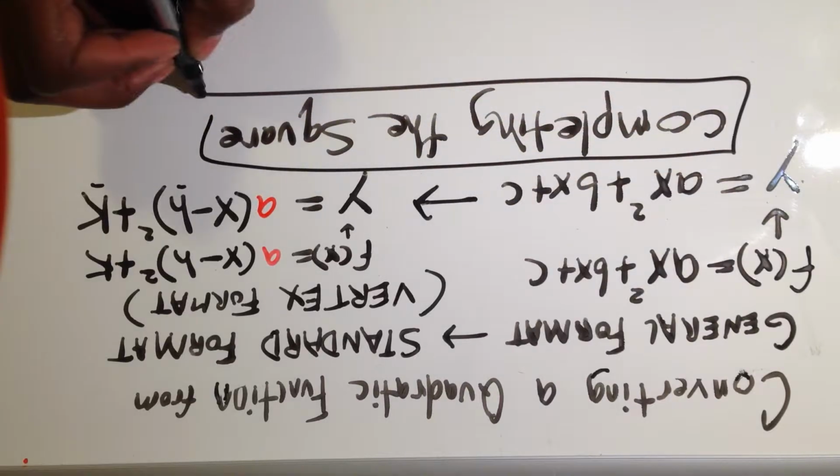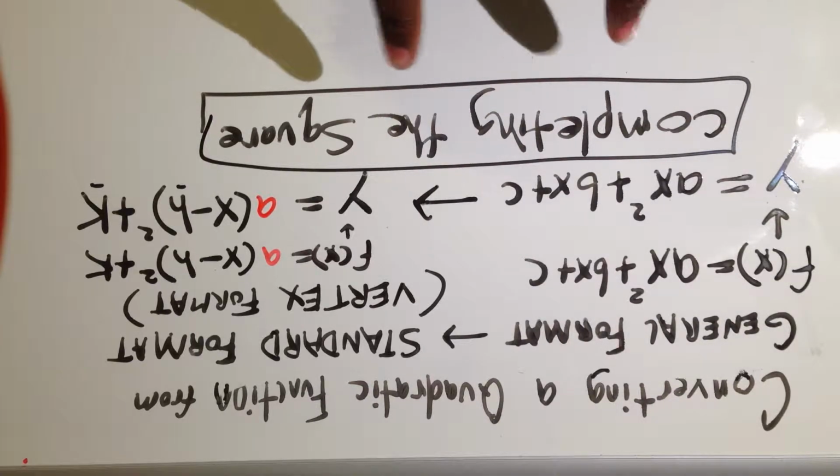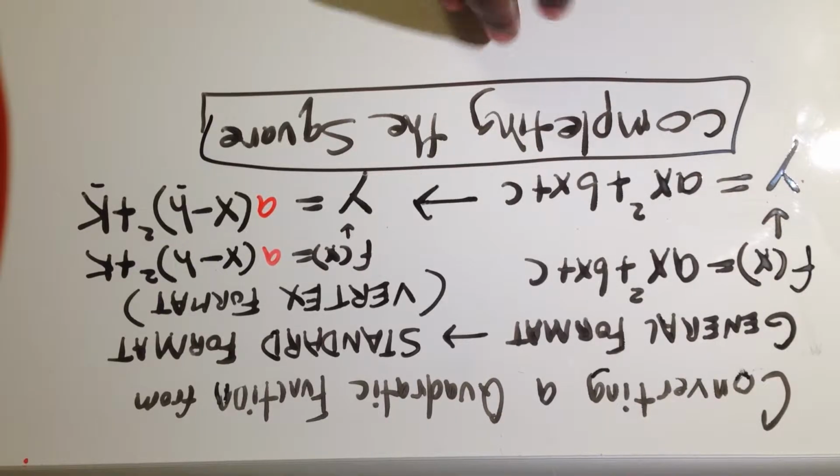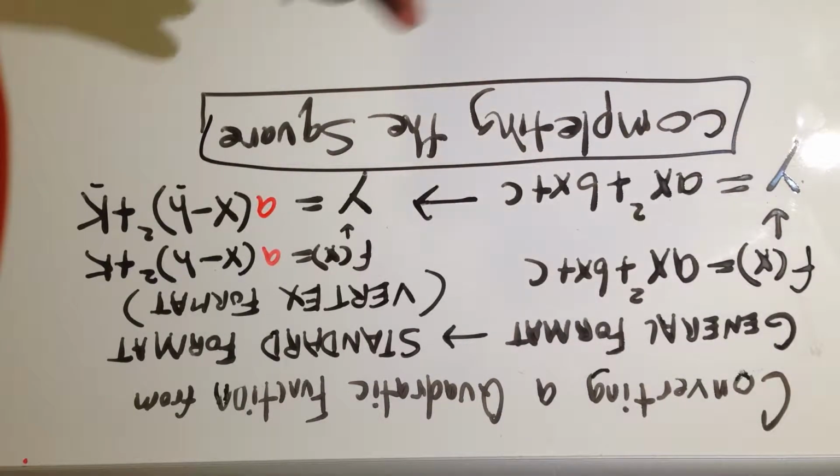Before you even think about completing the square, I'm not going to show you yet, but in order to complete the square, the leading coefficient of this has to be right.